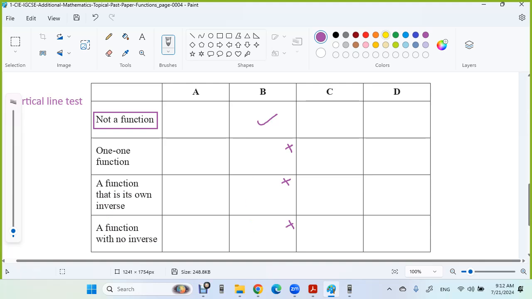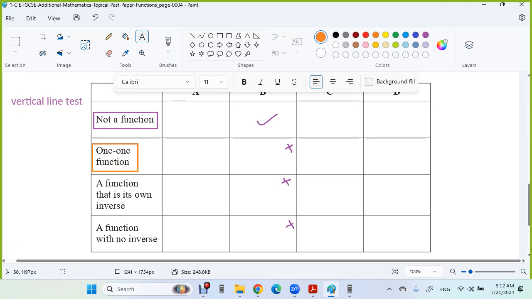Then we want to test whether it is one-to-one or not. For this we use the horizontal line test.